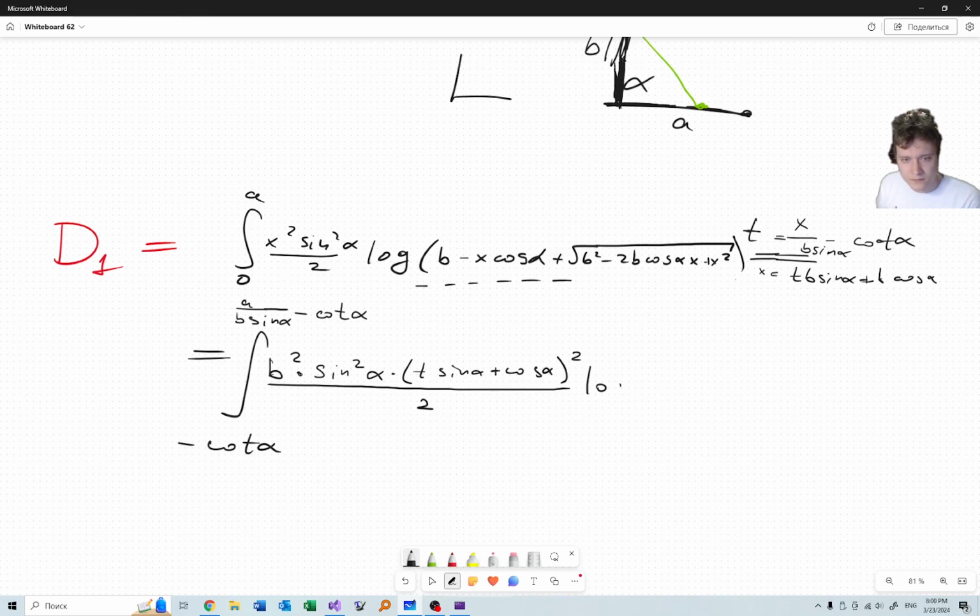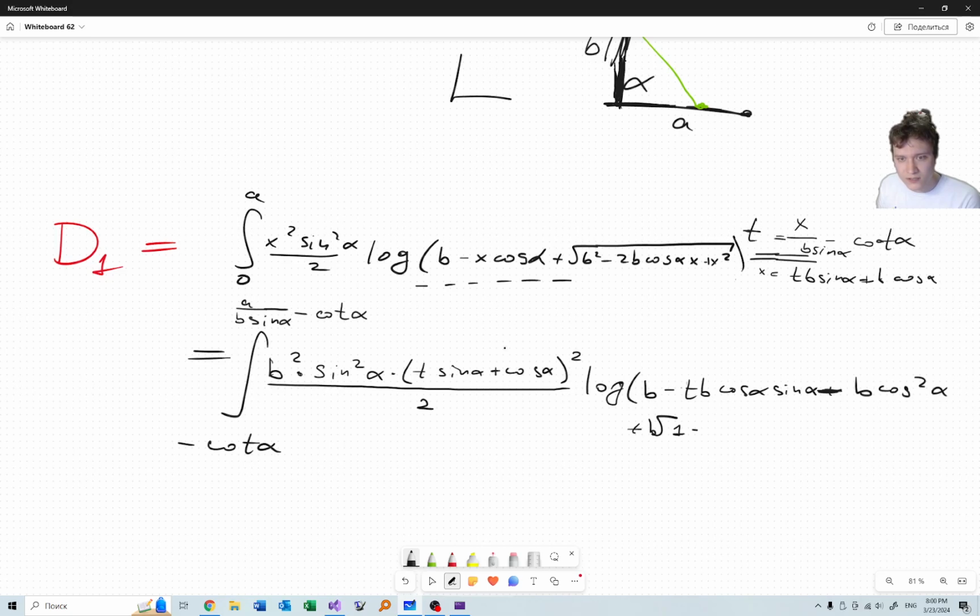Then logarithm of b minus x cosine alpha, which is minus tb cosine alpha sine alpha minus b cosine alpha squared, plus square root of b times some square root.